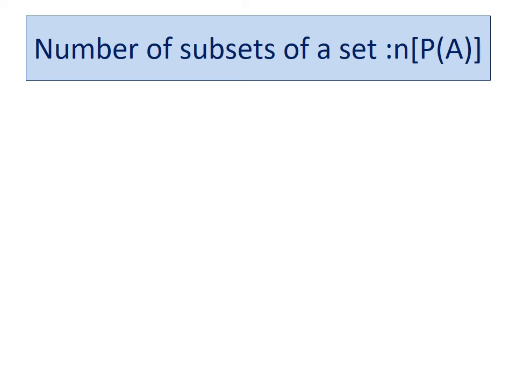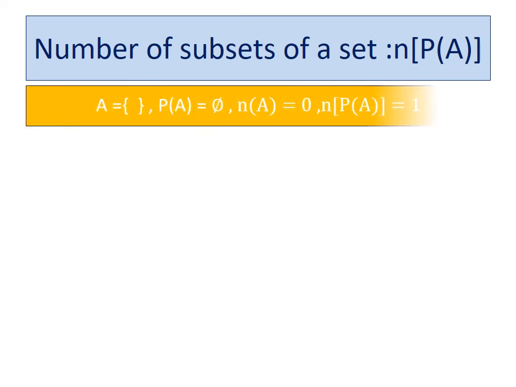Next we'll learn how to find the number of subsets of a set. First I am taking a set A which has no element, or it is a null set. Now the power set has only one element, that is phi. So the number of elements in A was 0 and the number of elements in the power set is equal to 1.